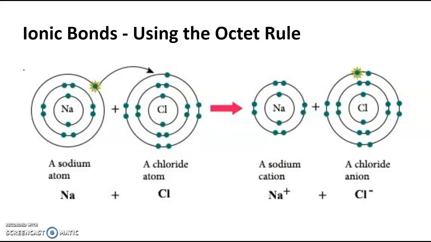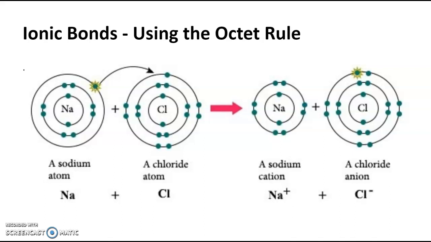This image shows how sodium can give away that electron and chlorine can accept it. Once this happens, sodium has 8 electrons in its outermost shell, and chlorine has 8 electrons in its outermost shell. And so both of these atoms are stable now.